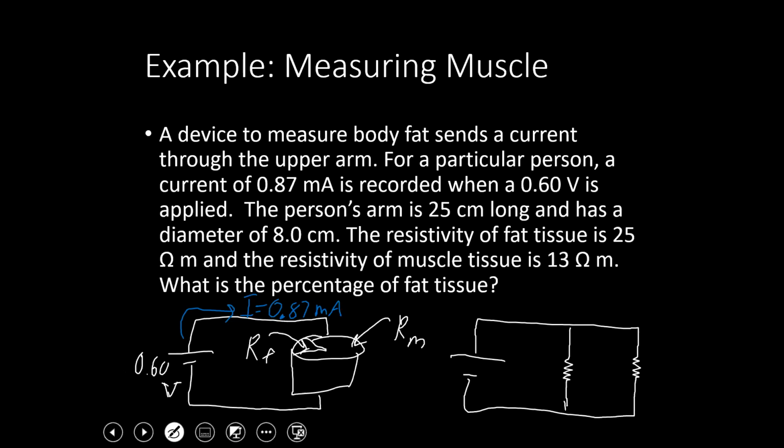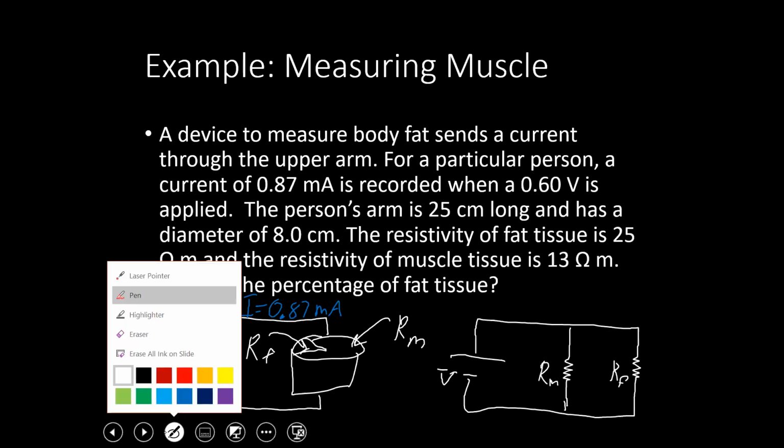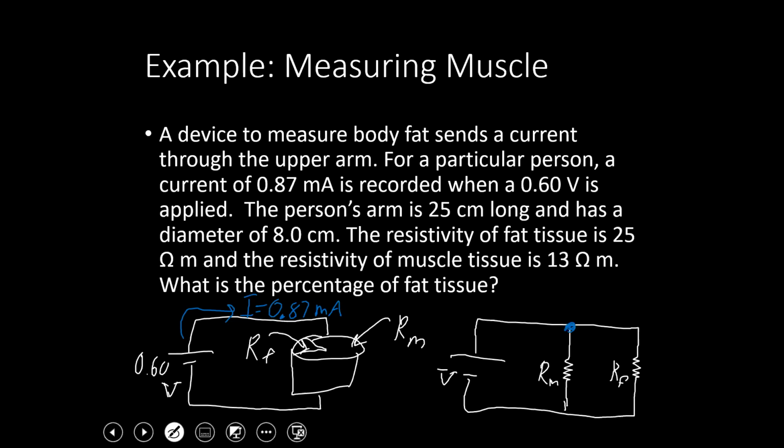You have your voltage, your resistor, and this will be your muscle resistor, and this will be your fat resistor. We have a junction there, and we know what happens to junctions. We have current coming in, the 0.87 milliamps, and that current splits into I1 and I2. Or I could call them RF for the fat and RM for the muscle.